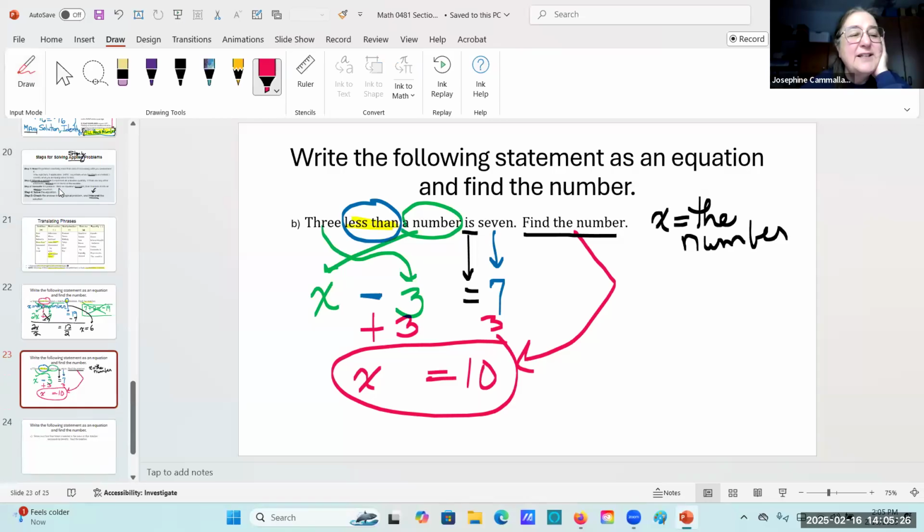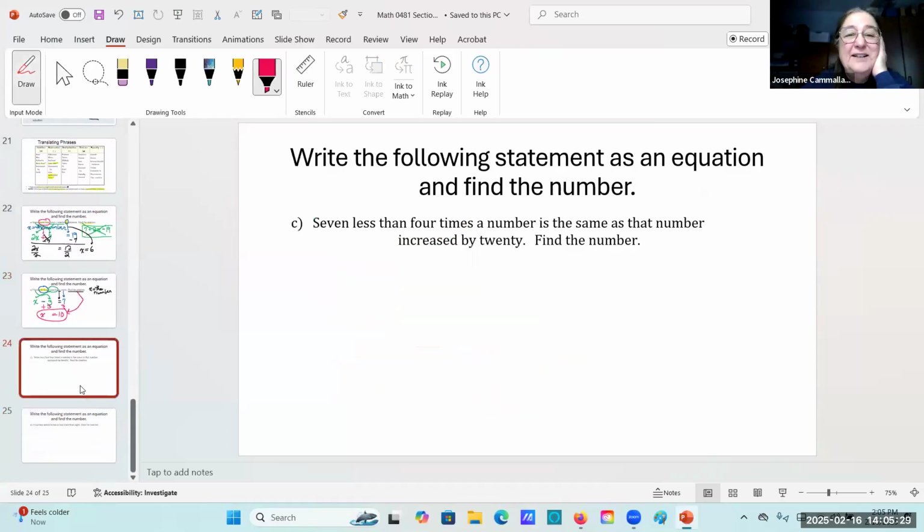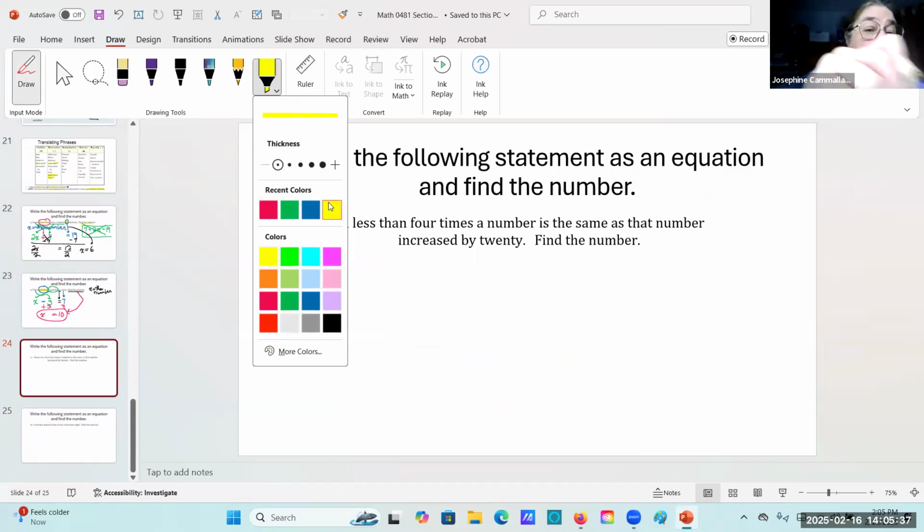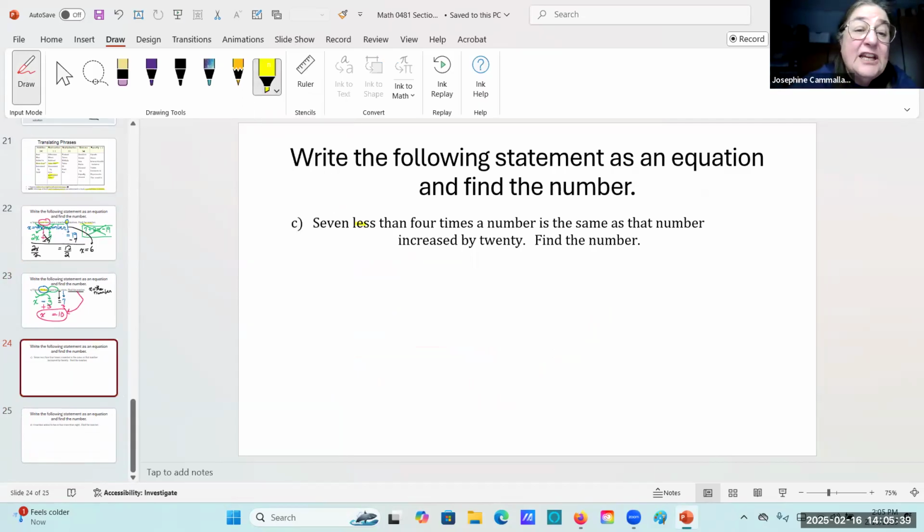Okay, 2 more slides. Okay, now this one, it gets a little hairy. Now, I'm going to read it all the way through, and notice I'm going to use highlighters. 7 less than 4 times a number is now the same as the number.